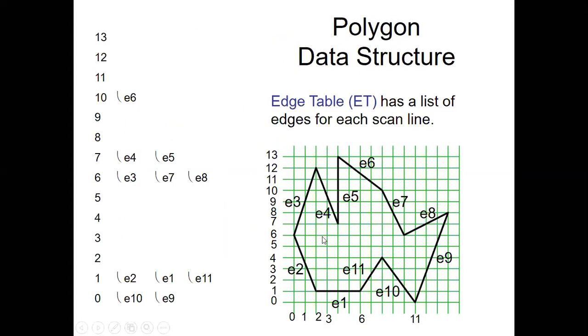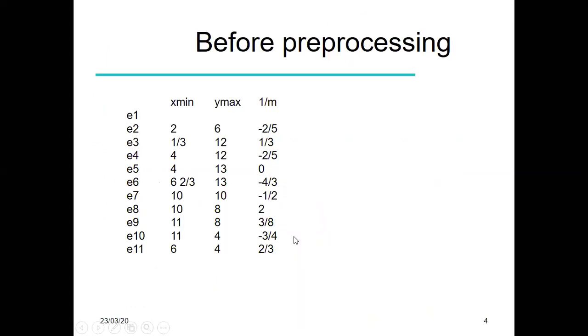So let us take edge E2. E2 starts at, you can consider this as the starting point, (2, 1), and edge 2 ends at (0, 6). So if we consider that, what is x min?